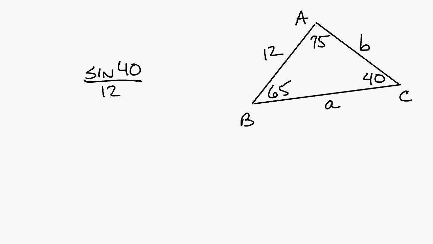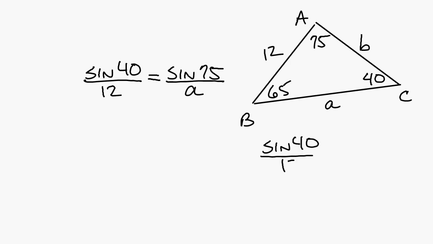Now, since you're solving for A, you're going to set this equal to sine 75 over the one you're trying to solve for. Yeah, you can set it up for B if you want to, and it's the same concept where you would have sine 40 over 12 equals sine 65 over B.